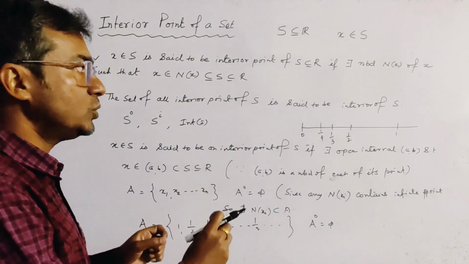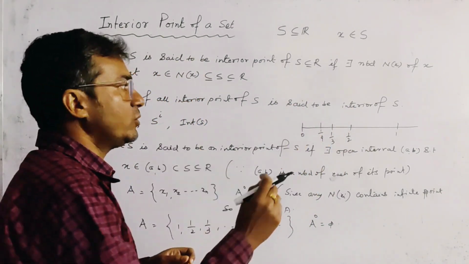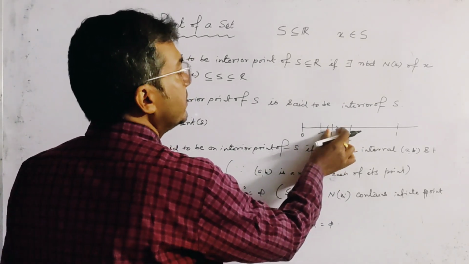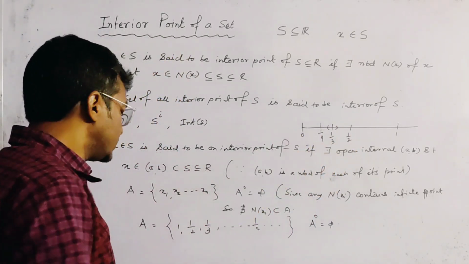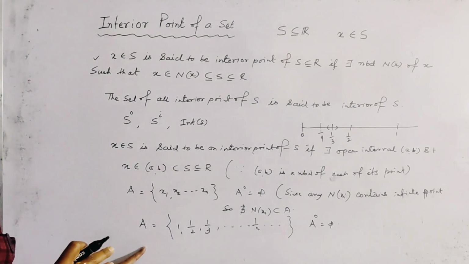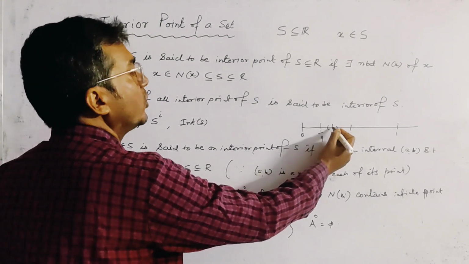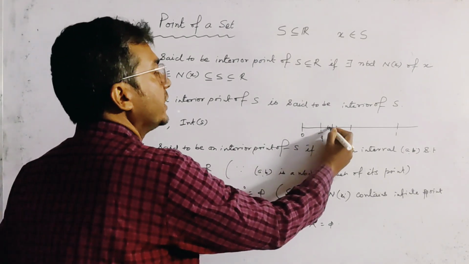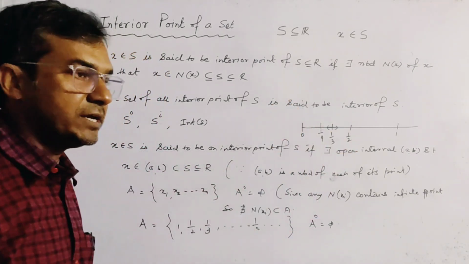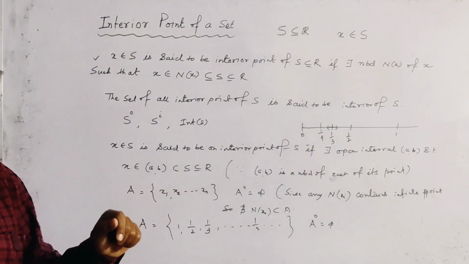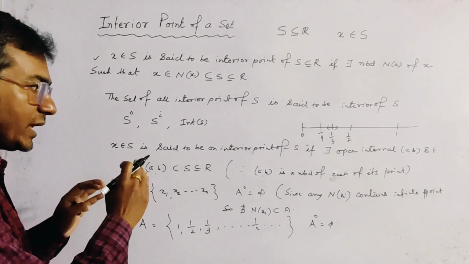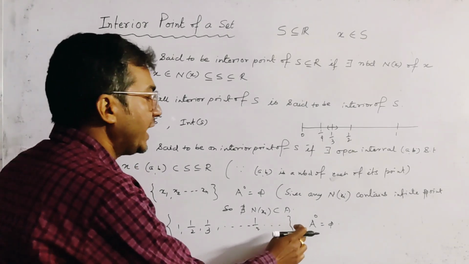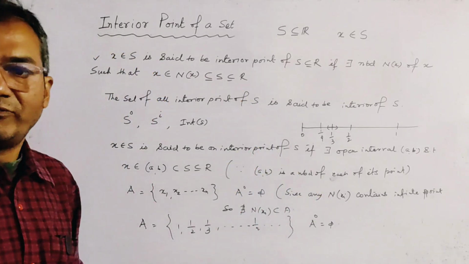So if we draw a neighborhood like this, it does not lie totally in A, because only the point 1/3 belongs to the set, and the other points on the left and right sides are not in this set. So this set also has no interior point, so A interior is equal to phi.